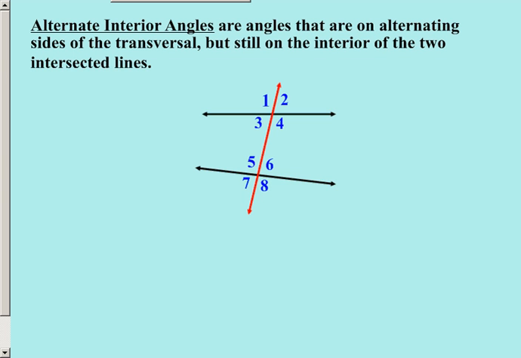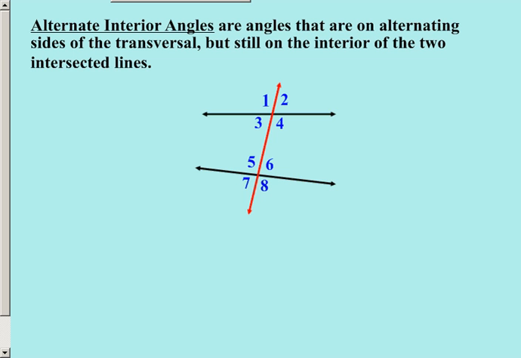So let's take a look at this same diagram again. Okay, so there is the same diagram. You do not need to copy it down again. So let's see if we can find this definition. We're looking for angles that are on opposite sides of the red transversal, but we are looking for the interior space between the two lines that the transversal intersects.